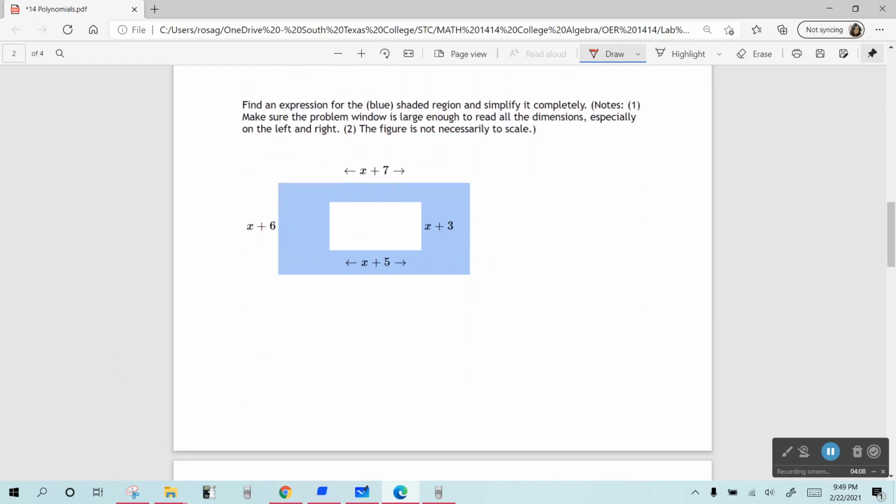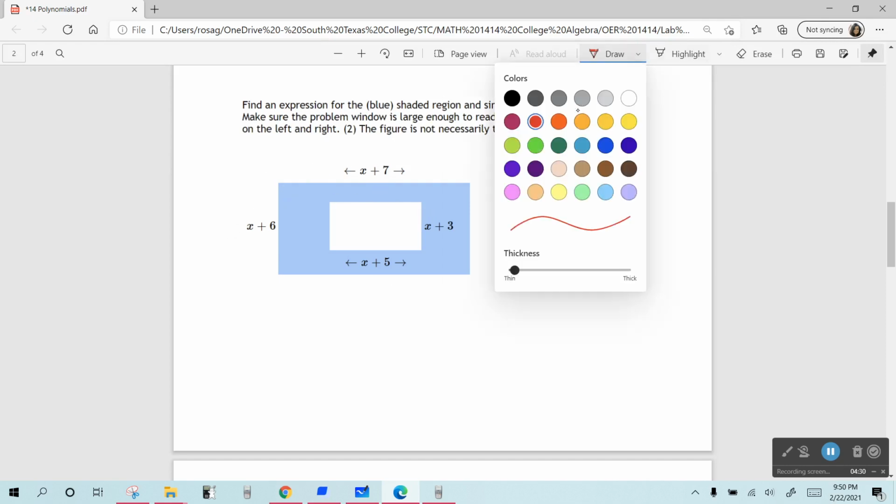Find the expression of the blue shaded region and simplify it completely. Make sure that the problem window is large enough to read all the dimensions, especially on the left. The figure is not necessarily to scale. So we're going to find the area of the big one, and then we're going to find the area of the small one and subtract them. So you have the area of the big rectangle.